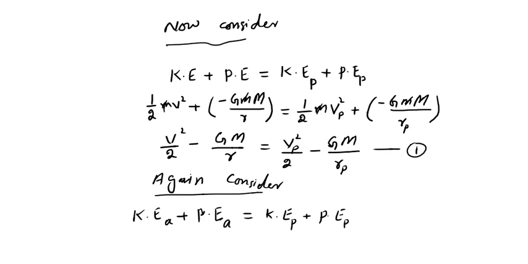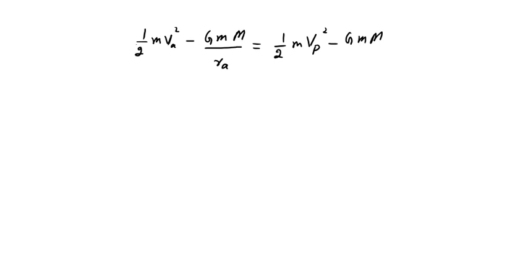So we can now go through the calculation. We can say that half m Va squared, because this is at apogee, minus G small m capital M divided by the distance Ra, is equal to half m Vp squared minus G small m capital M, now the distance is at point Rp.